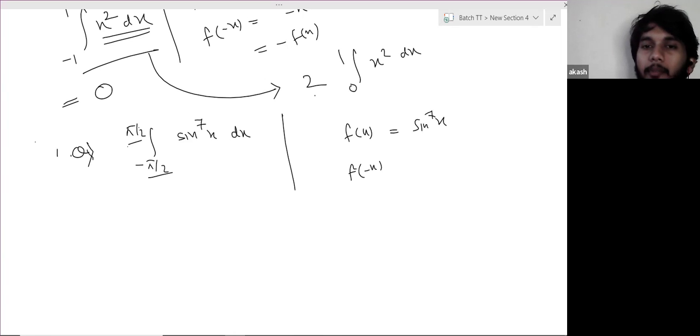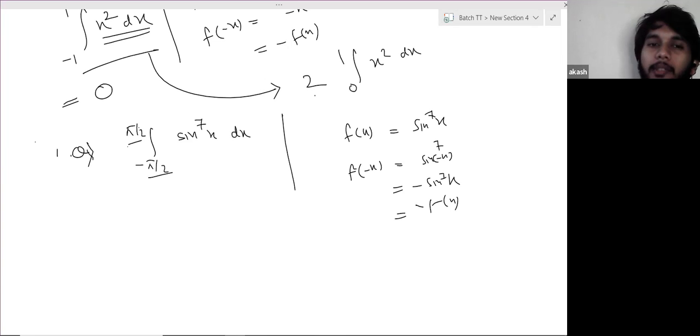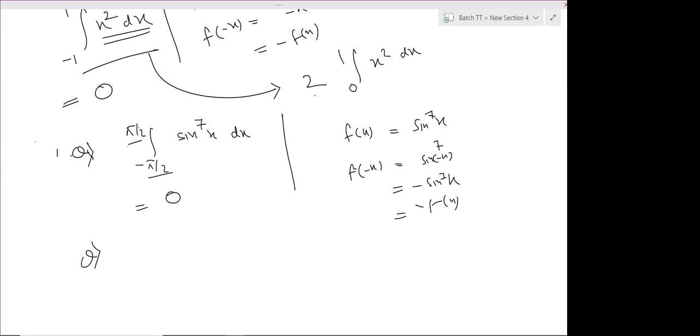So if I put f of minus x, this is sine minus x to the power 7. So minus of sine to the power 7x. So minus of f of x, odd function, answer is 0. All right. Alan, this thing is clear?